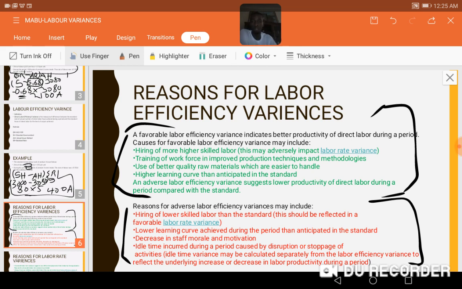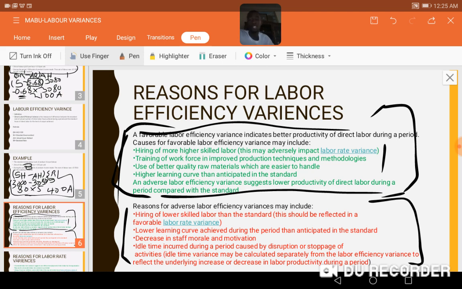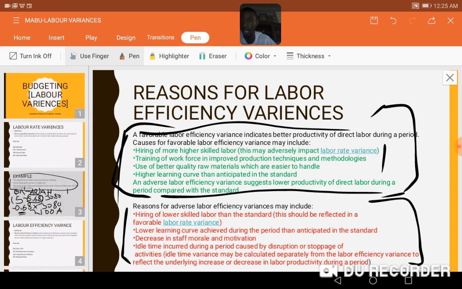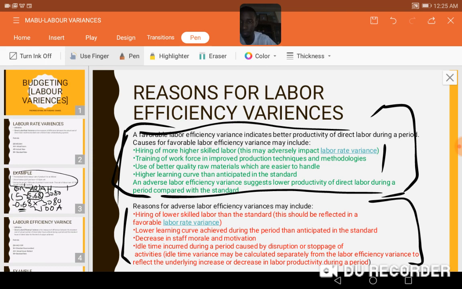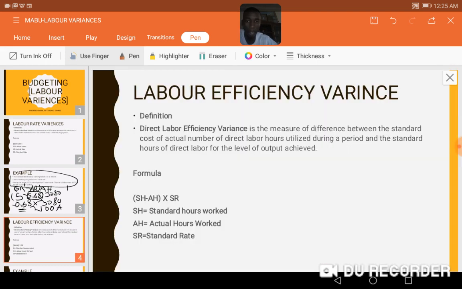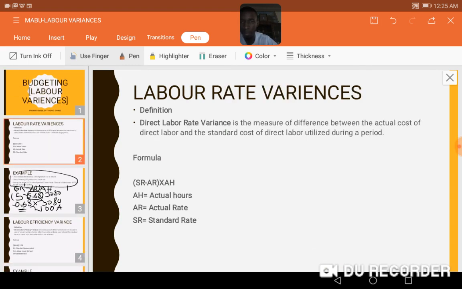Sometimes you don't need to memorize these reasons, because we can derive the reason for the variance from the formulas. For example, let's go to labor rate.